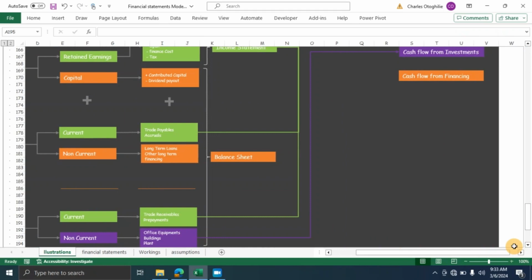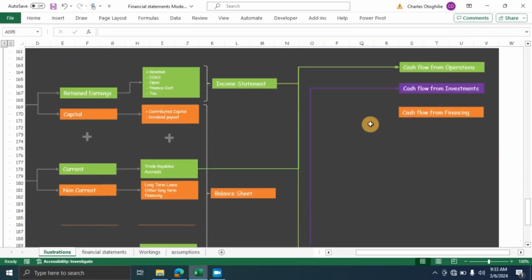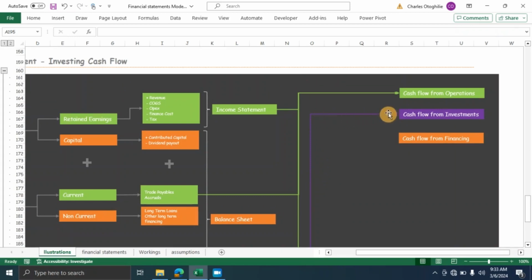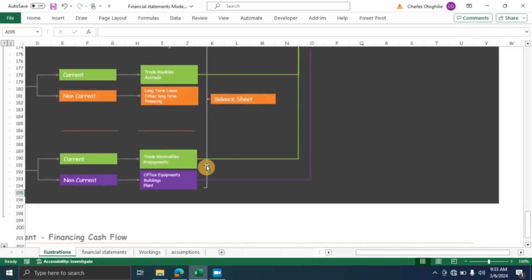You are putting money into the business to invest in the assets of the business. So you can go to your balance sheet and look for your non-current assets, and your non-current assets will populate cash flow from investing.